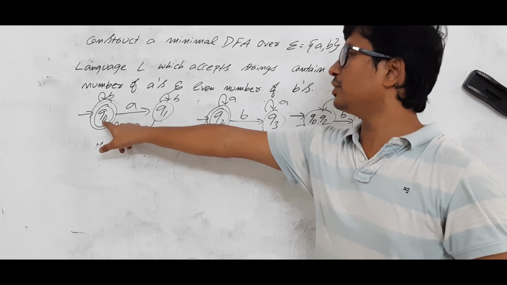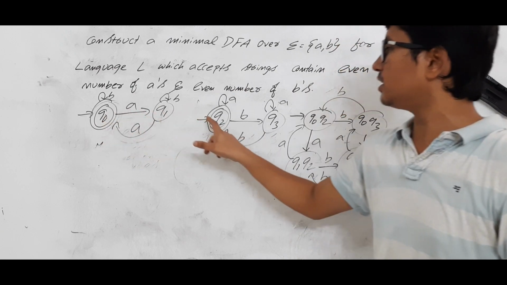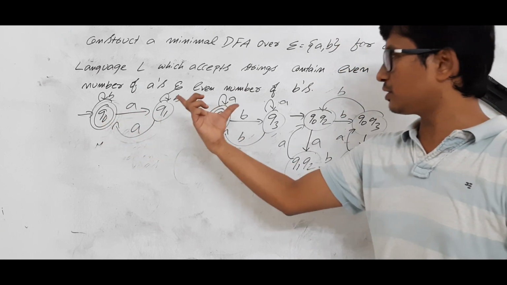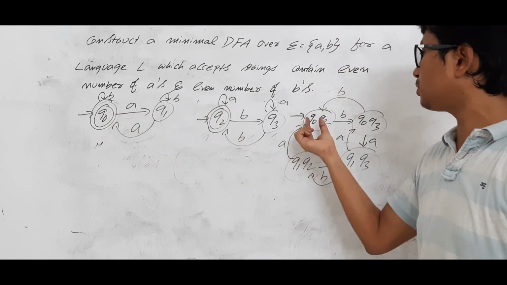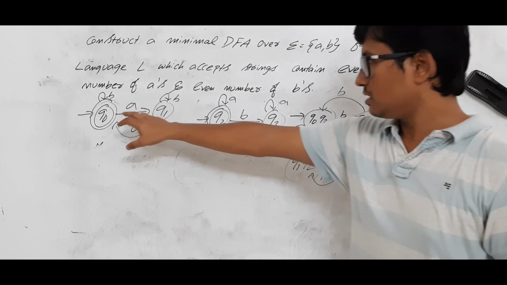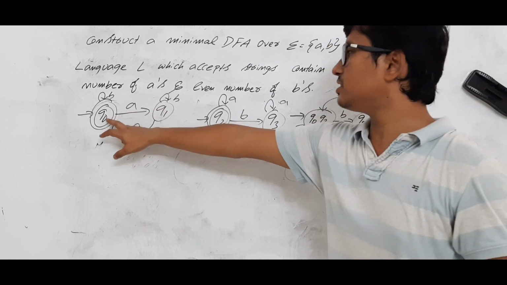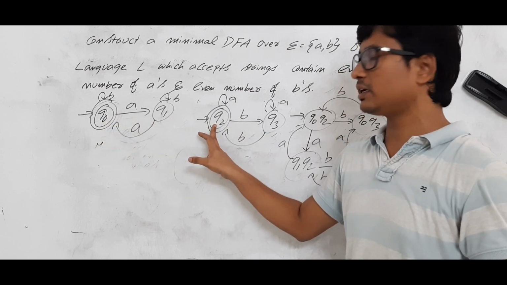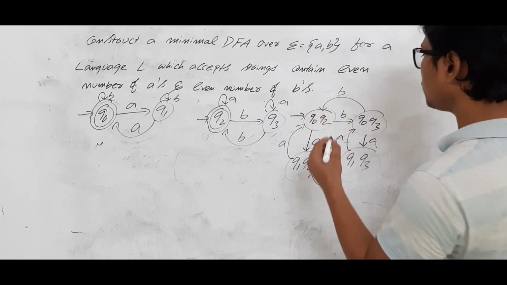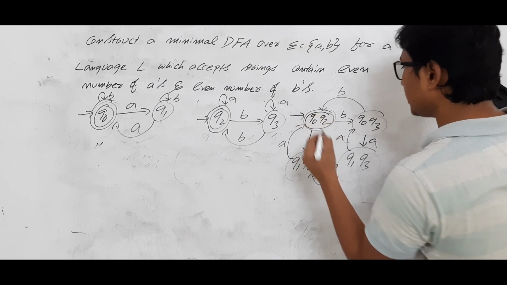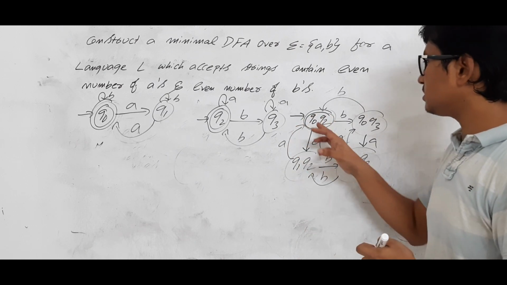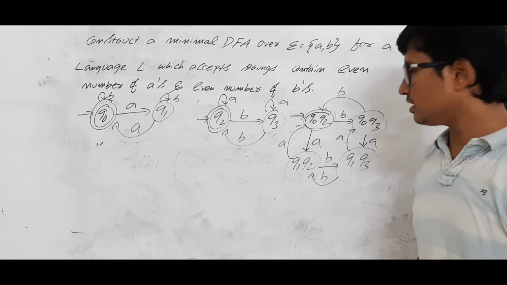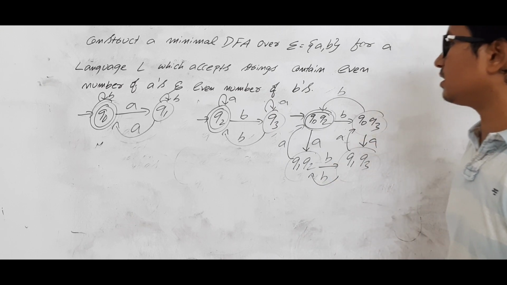In one DFA, Q0 is the initial state and in the other Q2 is the initial state, so the combined Q0, Q2 will act as the initial state. The same for the final state. Which is acting as a final state here? Q0. And in the other? Q2. So Q0, Q2 will act as a final state. So this is the initial state and this is the final state. So we have constructed the DFA.